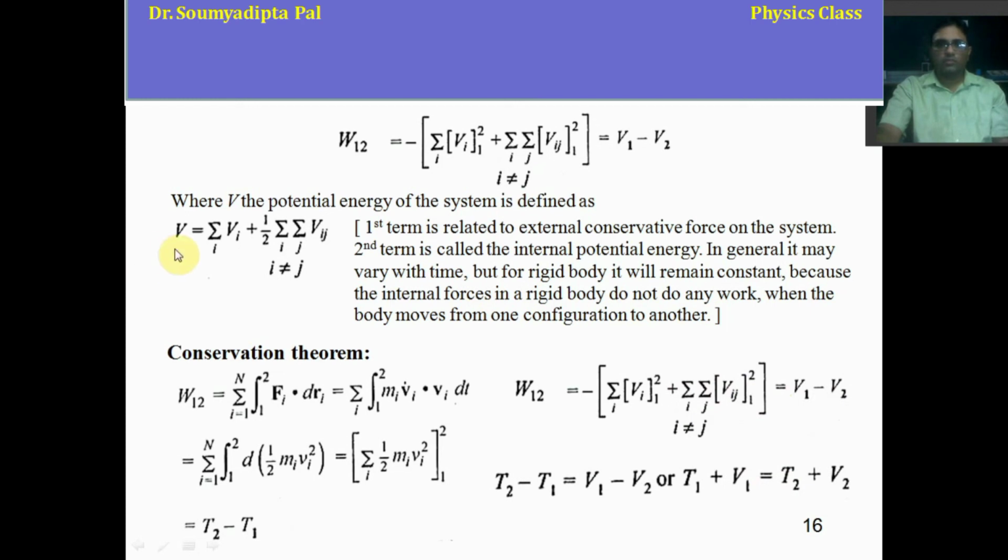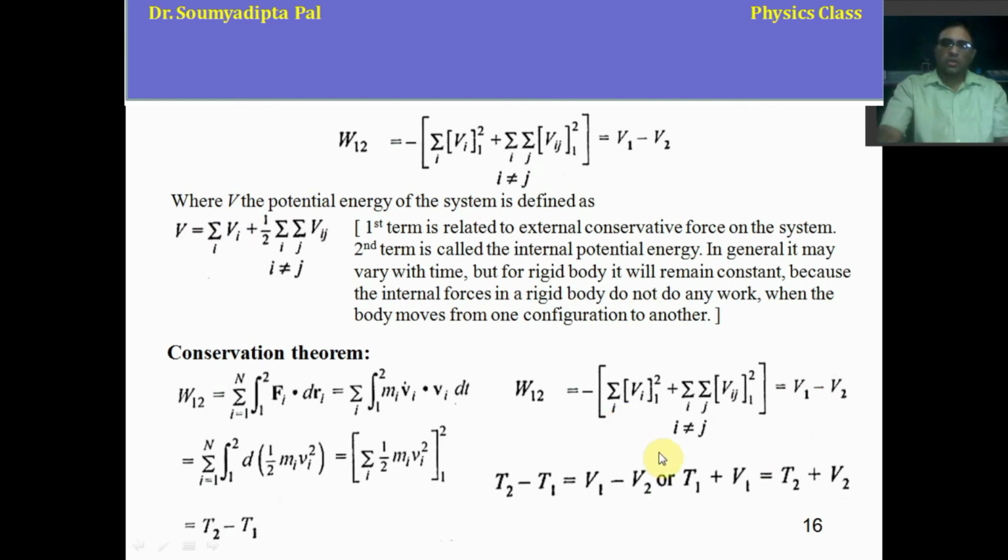So V1 is the potential at the first point, of this total form. Even if the internal force is constant, only the contribution from the external force remains when we take this difference.